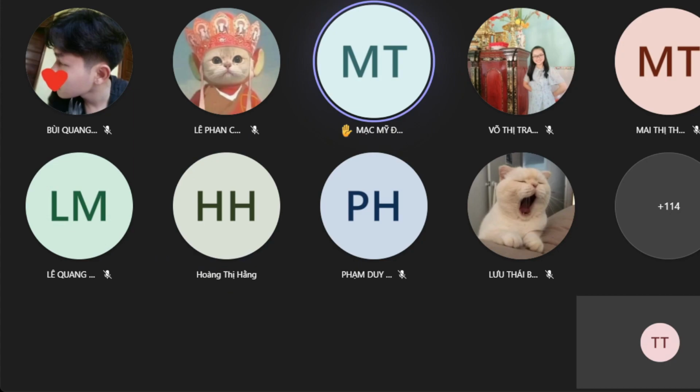So when our heart beats, it will contract, and the final layer is the endocardium. The endocardium is made of epithelium. Epithelial. Yes, epithelium. Okay, that is the smooth layer. Good job, Đào Tiên.